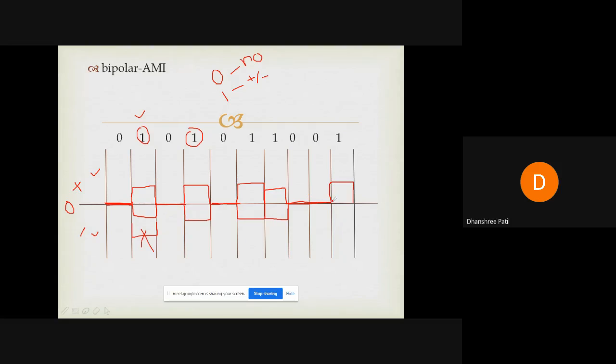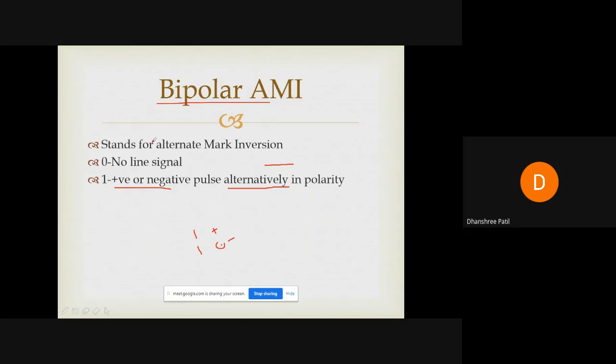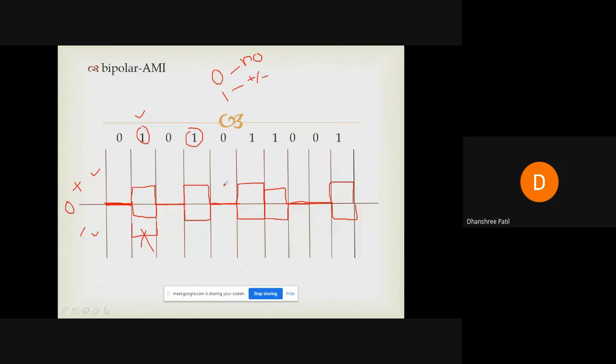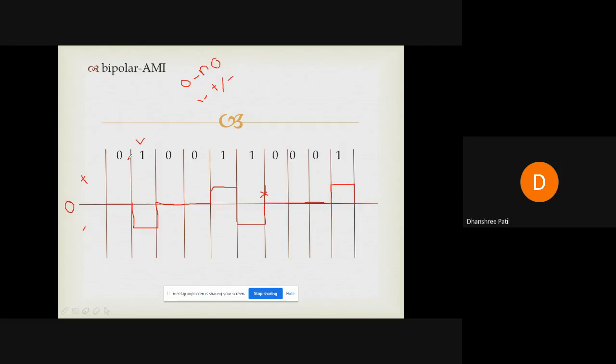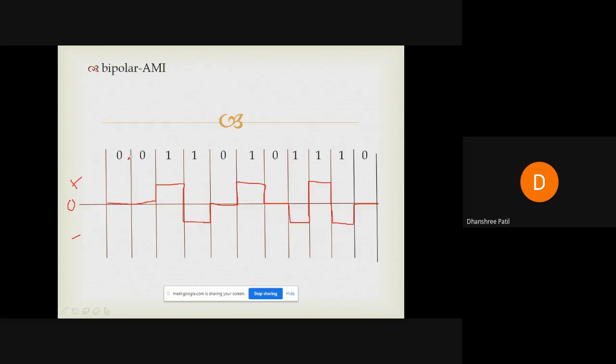Here it is positive, so the next will be negative. So it is very simple, bipolar AMI. AMI stands for alternate mark inversion. If 1 is alternately positive, negative, positive, negative, likewise we make the signal for 1. Any doubt? No, ma'am. Okay, so this is the second technique.